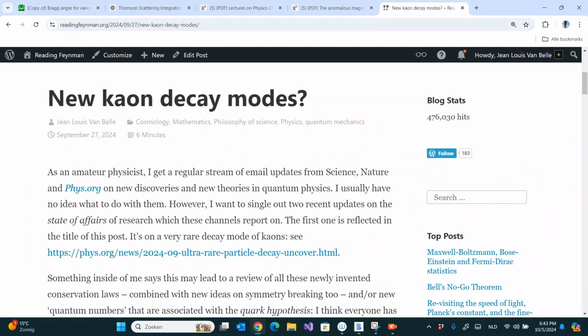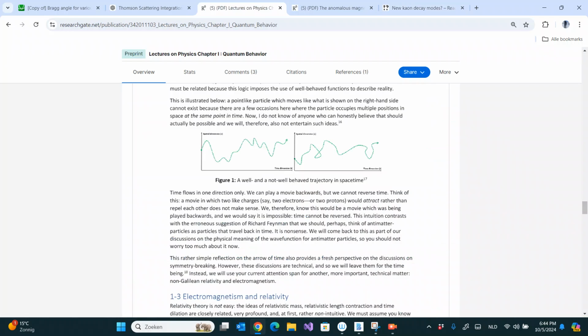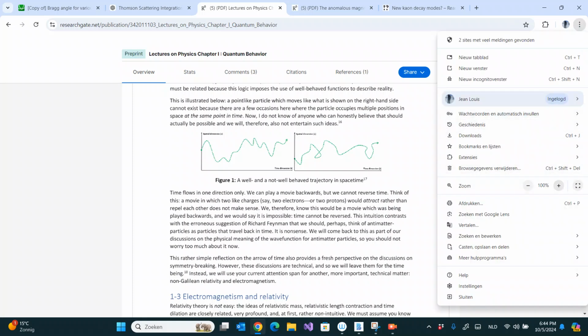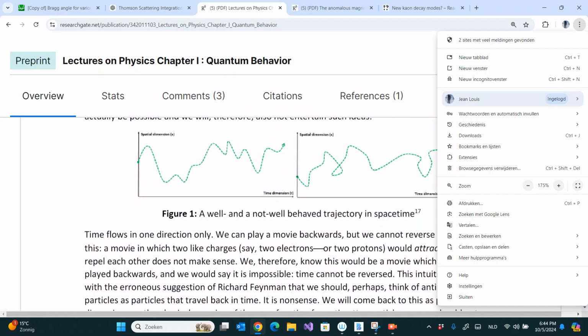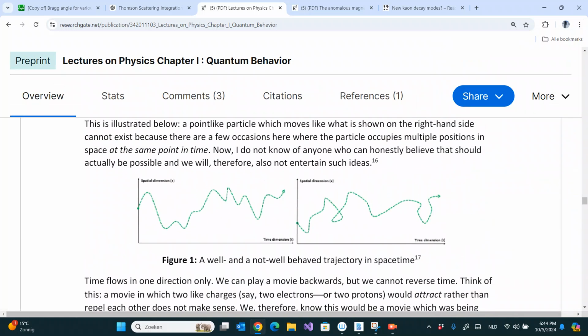Time symmetry, that's quantum theory 101. I don't know if I pulled it up, my very basic lecture 1 on physics modeled according to Feynman is this. If you would assume time travel to be possible, then the whole mathematical and physical apparatus falls apart.